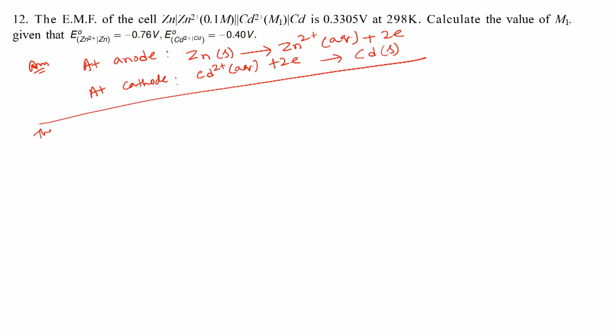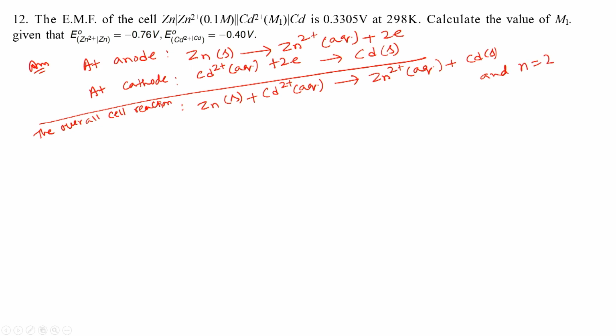Adding them, the overall cell reaction is Zn solid plus Cd2+ aqueous gives Zn2+ aqueous plus Cd solid, and n in this reaction is 2, as 2 electrons are involved.